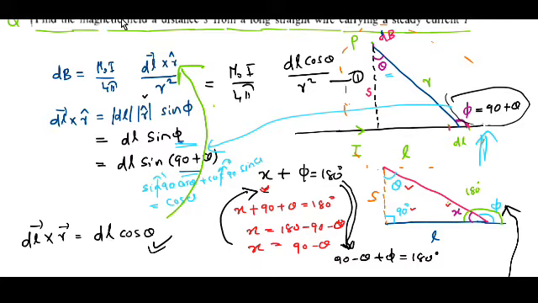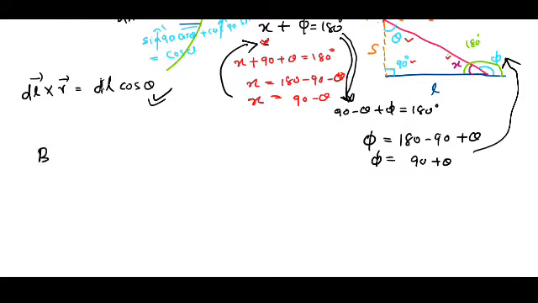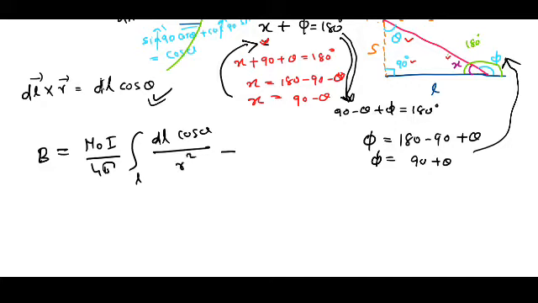I will copy the same expression down. That is, B is equal to mu 0 I by 4 pi, line integral of dl cos theta divided by r square. This is equation number 1.